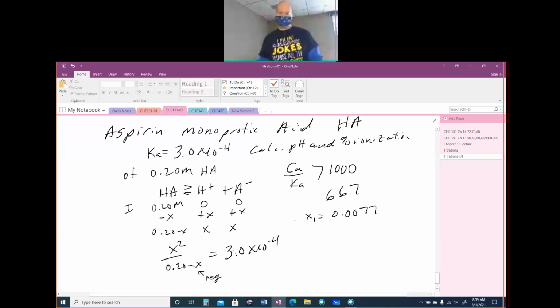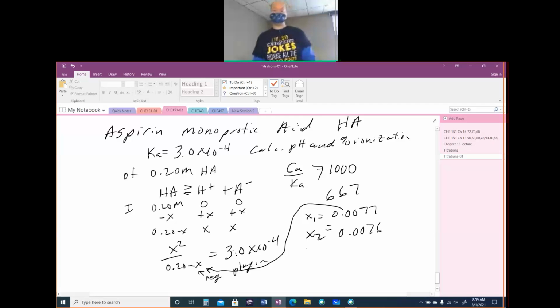So I plug that in, this time that's going in right here, and get x2. So I have 0.2 minus that answer times 3 times 10 to the negative 4, and then the square root of that, and that is 0.0076.